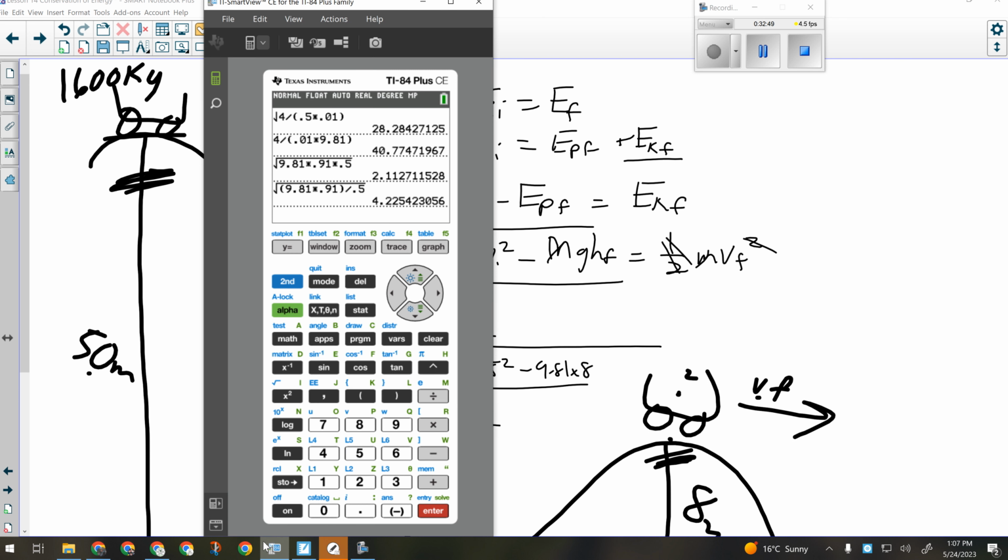When I'm punching all that in, I don't like putting it all in one step because there's a good chance I'll mess something up, so I do it one piece at a time. 9.81 times 50, plus 0.5 times 5 squared, minus 9.81 times 8, divided by 1/2, and then I square root that. So I get 29.1 meters per second at that point.